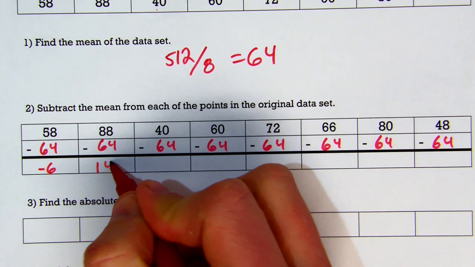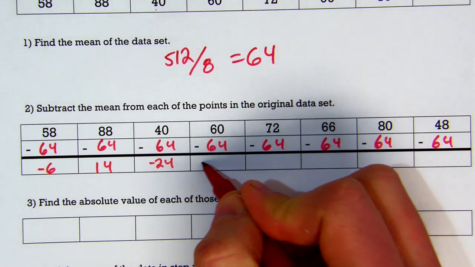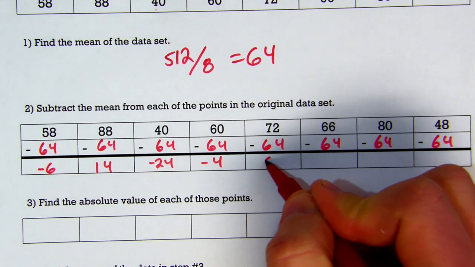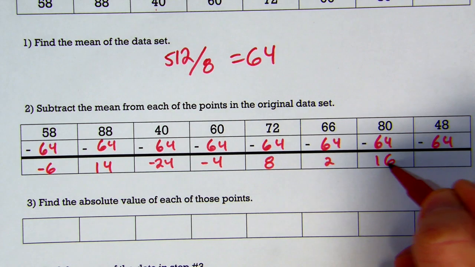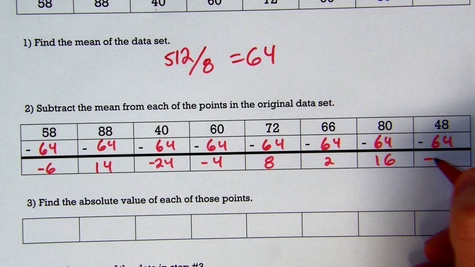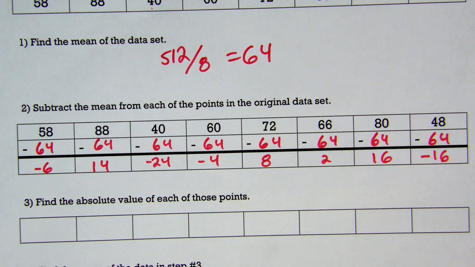We have 14, negative 24, negative 4, 8, 2, 16, and then our negative 16. Okay. So I found all the differences.